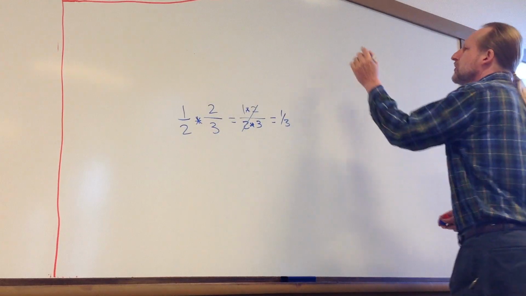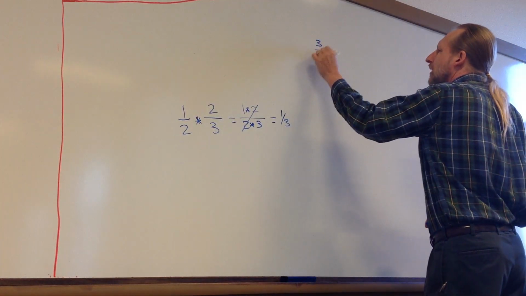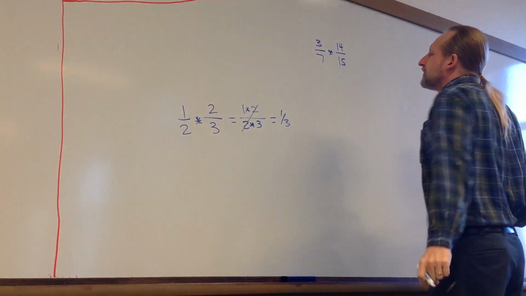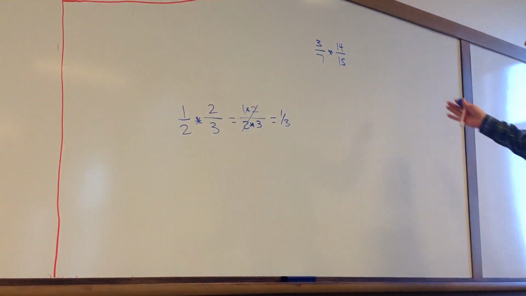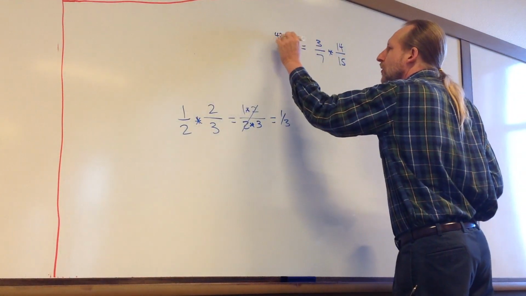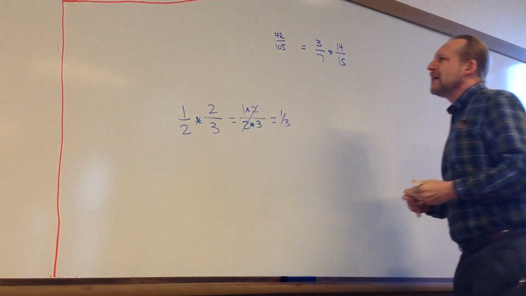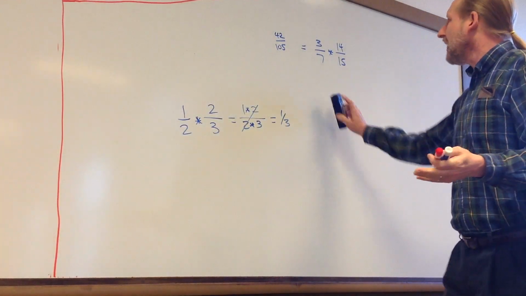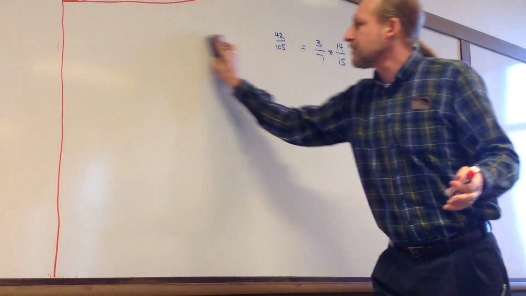Another example we could use would be something like 3/7 times 14 over 15. Now again, we could multiply these out. I think this would give us 42 over 105, but notice it's less clear at that point what our common factors are, right?